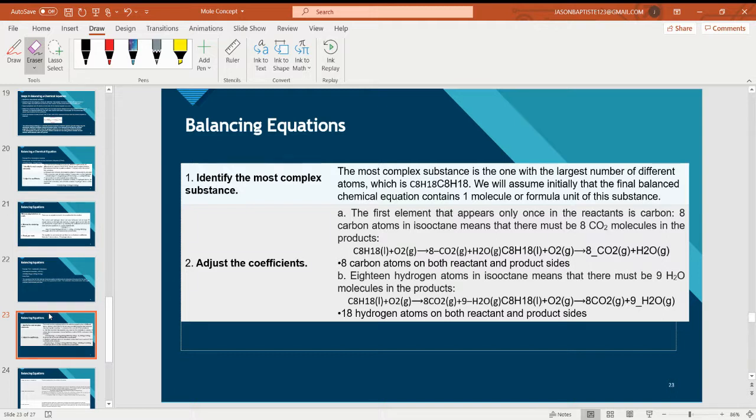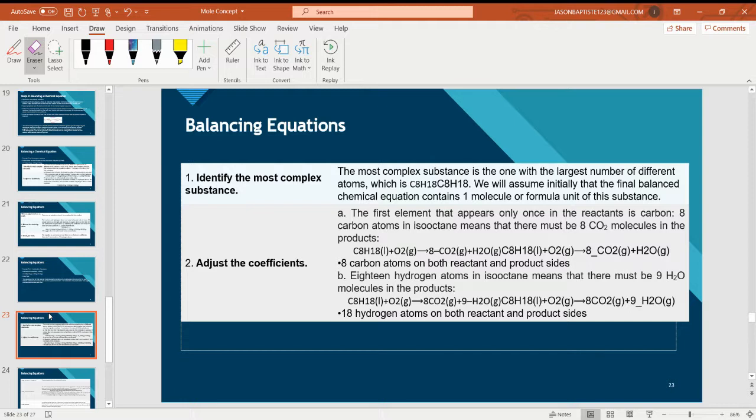We added 8. But now we have 16 oxygen there and 1 from water, which are not balanced yet. So we have 18 hydrogen atoms to deal with in isooctane, which means there must be 9 molecules of water in the product.